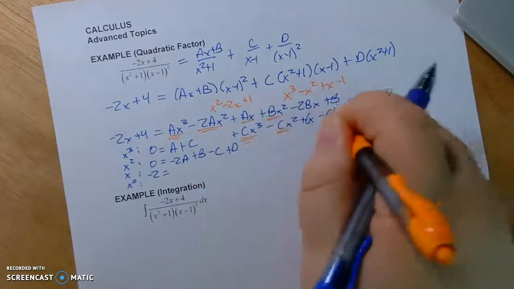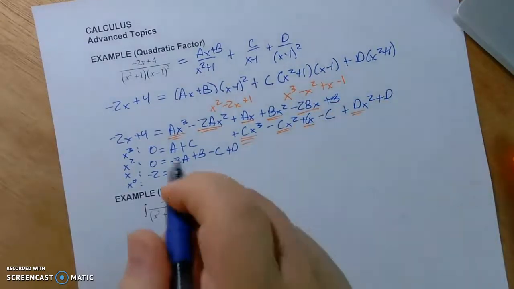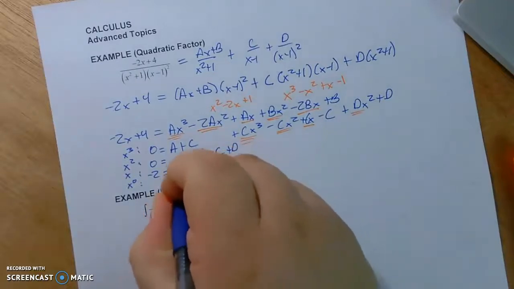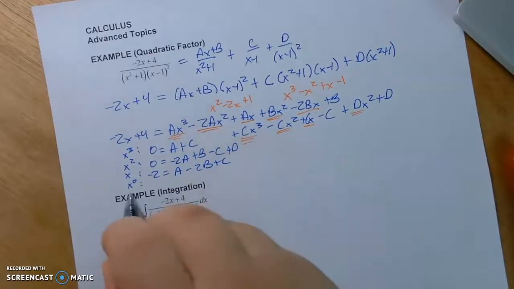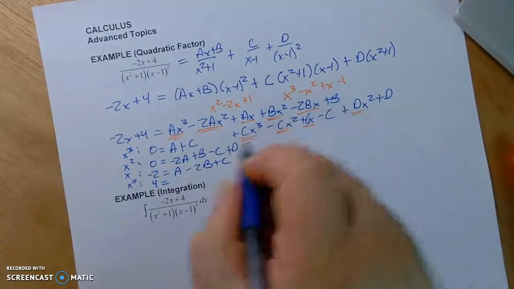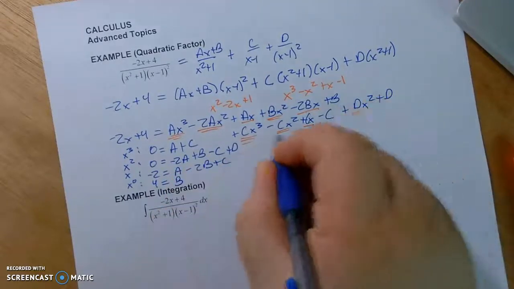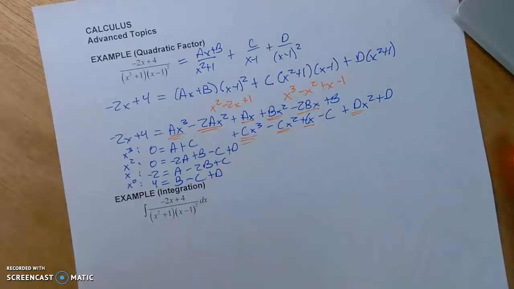Then x, we do have a number on this side, so negative 2 equals, x's are here, here, here. Okay, so that's a little bit easier. A minus 2b plus c. And then our constants are 4 equals b minus c plus d.